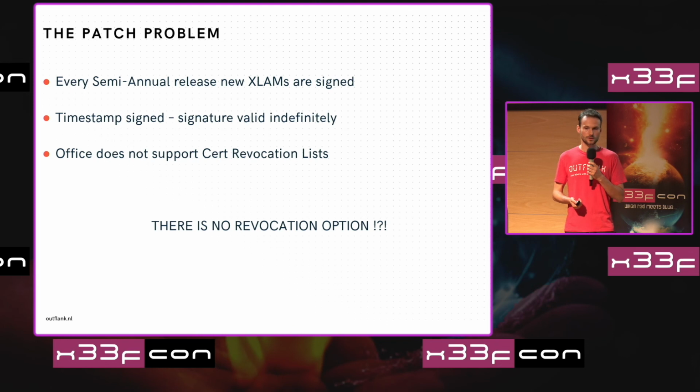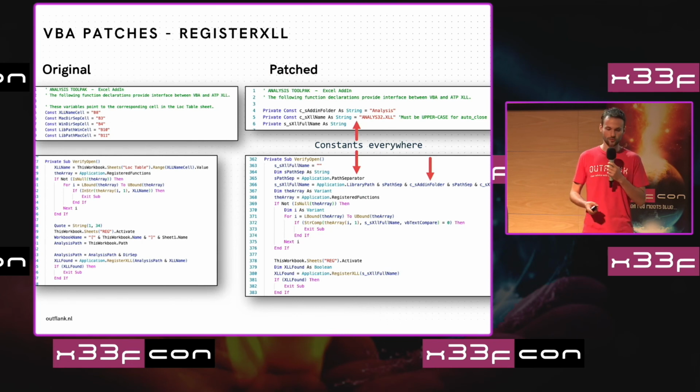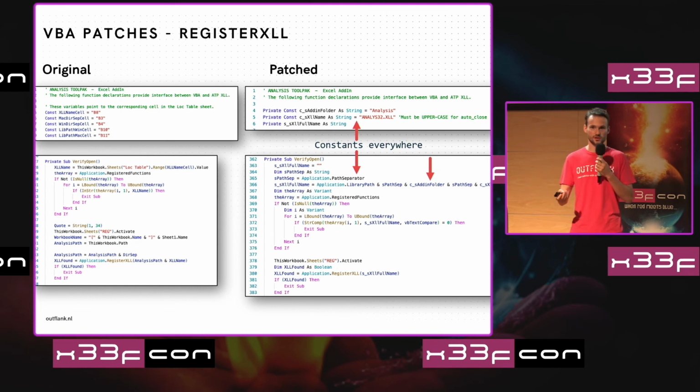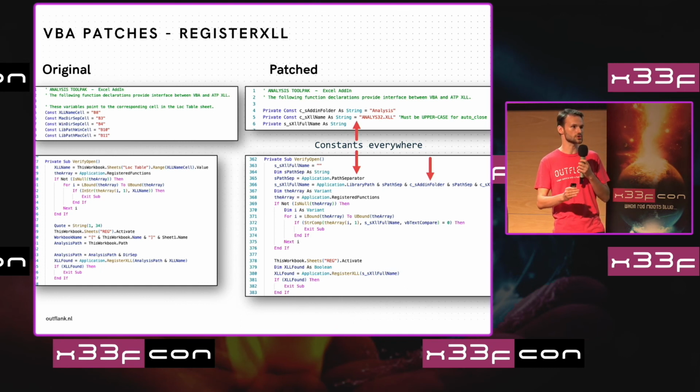It took Microsoft quite a while to come up with a patch, and in the meantime, they assigned a CVE in the category remote code execution. And they patched it using a couple of different methods combined together. The first one, of course, is they patched the vulnerable VBA code. Now, instead of using cell references, they just hard-coded the correct values into the VBA that was signed.